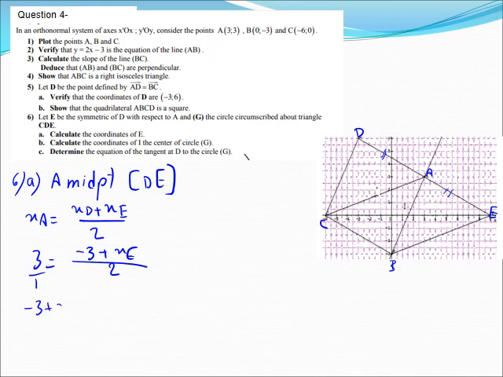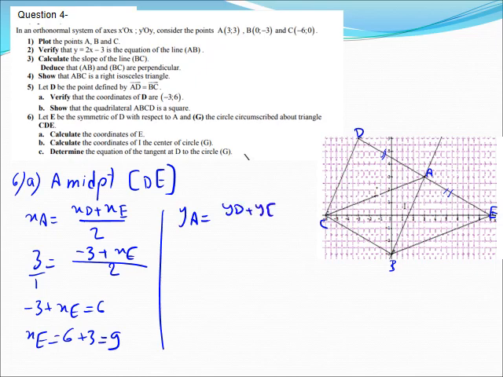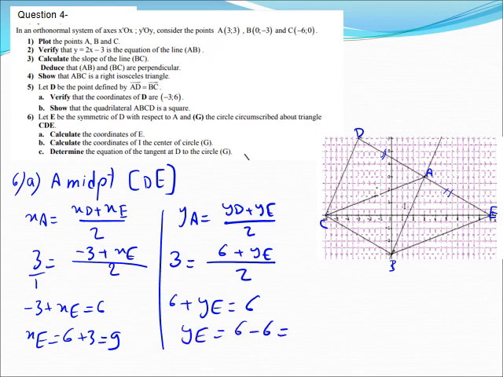Minus 3 plus xE equal 6. xE equal 6 plus 3 equal 9. yA equal yD plus yE over 2. yA is 3, yD is 6. Then 6 plus yE equals 6. yE equals 6 minus 6 equals 0. So the coordinate of E is (9, 0).